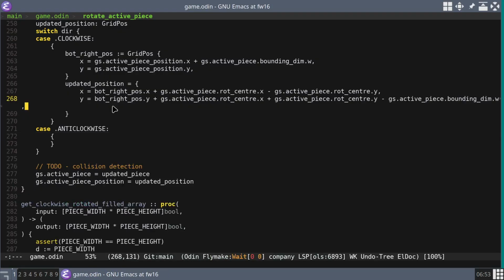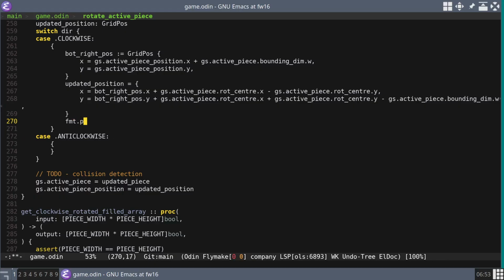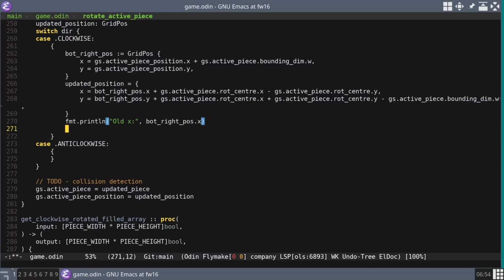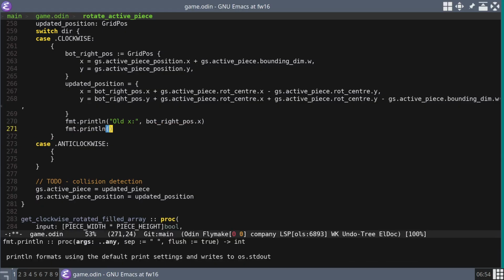We add a bit of logging in, see what it's actually getting out. So if we look in here, we'll go format, print line. Old X is bot right pos dot X. Just put them on separate lines so it's easy to turn individual bits on and off.